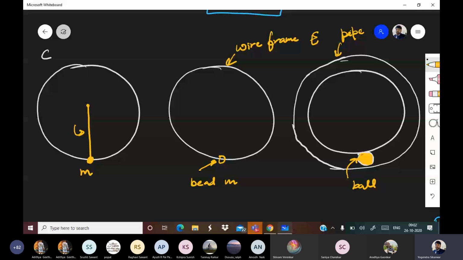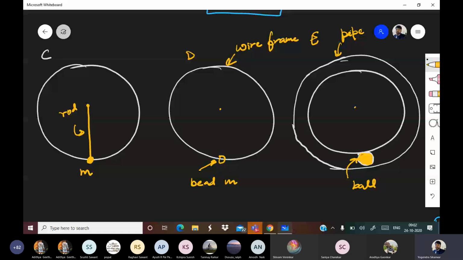Now listen carefully, everyone. These situations C, D, and E are identical. In C, an object of mass m is connected to a rod. In D, there is a wire frame, and within that wire frame, a bead is connected. And in E, there is a hollow pipe that has been connected end to end, and inside the hollow pipe there is a ball.